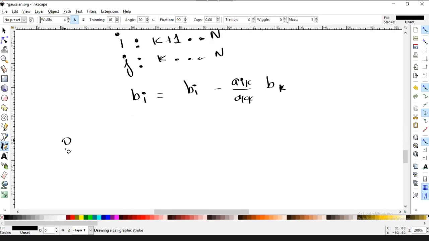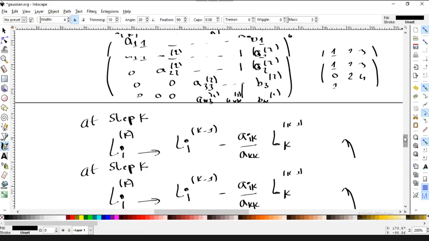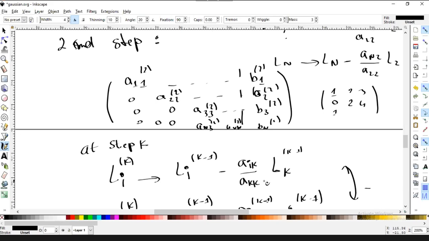They are called pivoting strategies. The pivot is this AKK here.